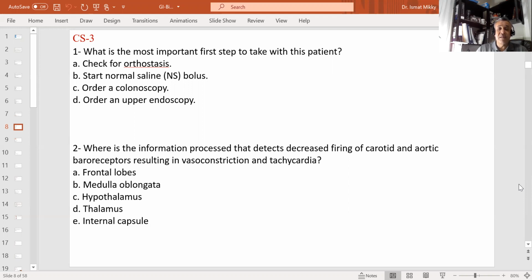This compensation is incomplete when changing position if there is more than 15 to 20% blood volume loss. So this compensation is incomplete when a significant amount of fluid or volume has been lost.